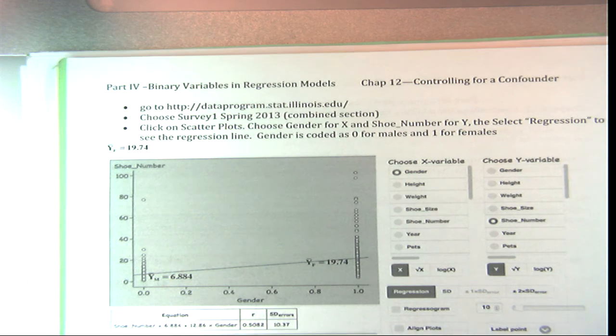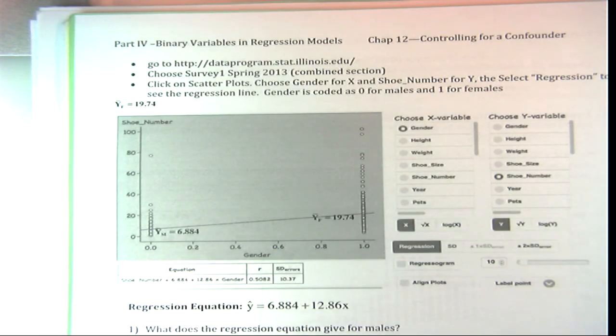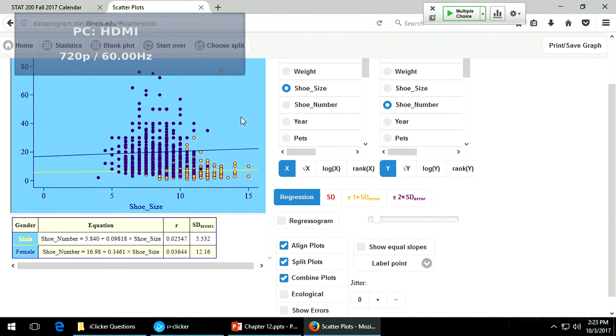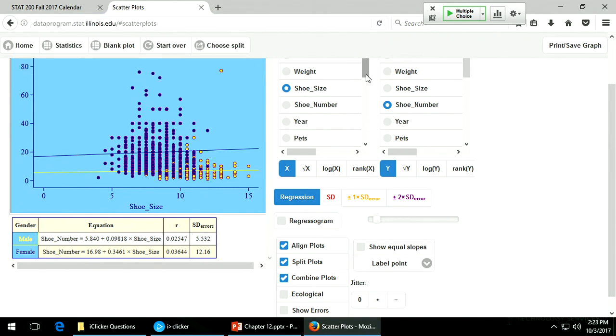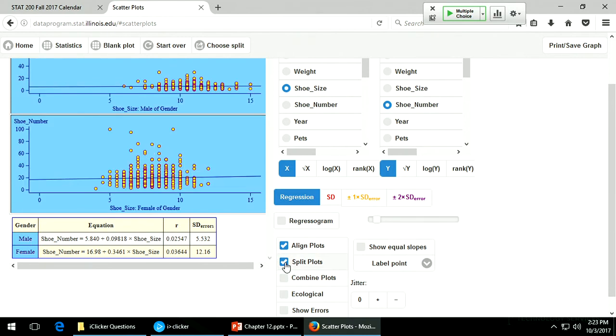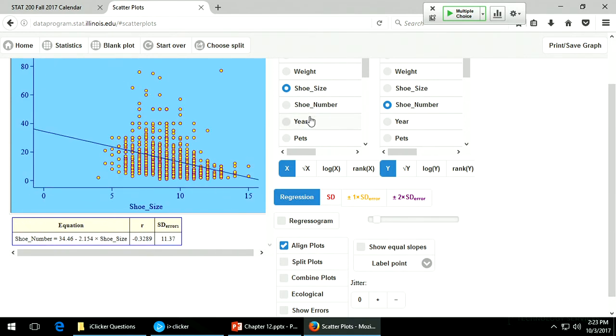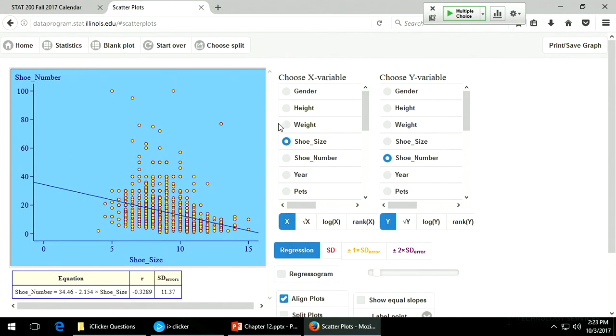Let's just go over to where I got this from, and you can see what happens when we do that. So let's go back to the computer program. So now what are we going to do? Instead of shoe size predicting shoe number, why don't we see what happens if we do gender predicting shoe number?